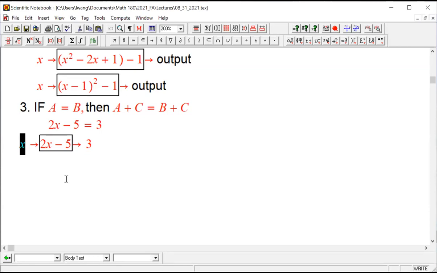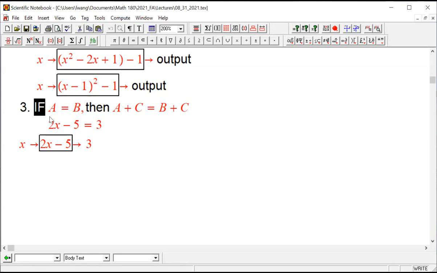What is the input? That's one of the meanings. The other meanings you can make: 2 times an unknown number subtract 5 is 3. If 2 times an unknown number minus 5 is 3, what is the unknown number? All of these are interpretations, but they are all under the umbrella of if.